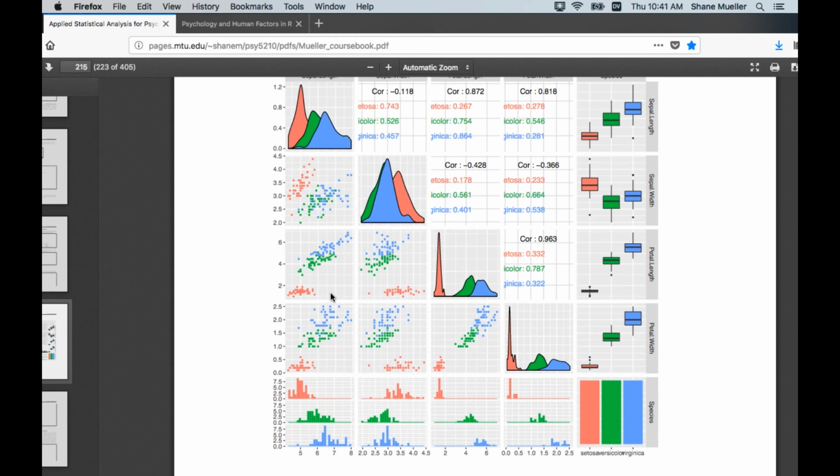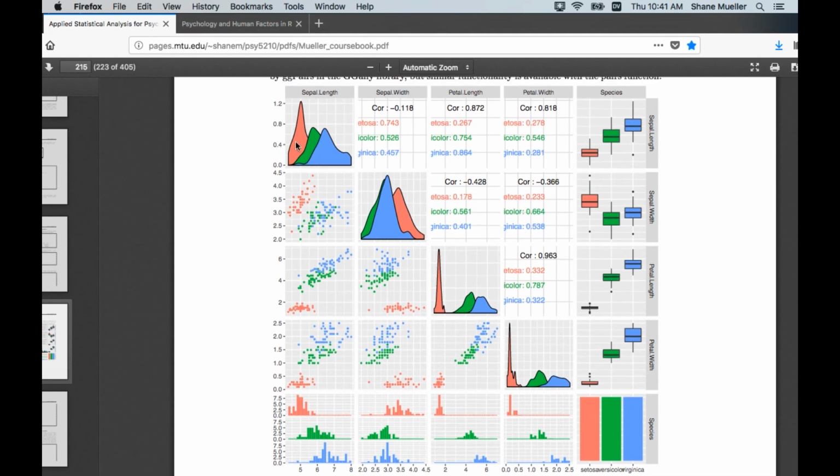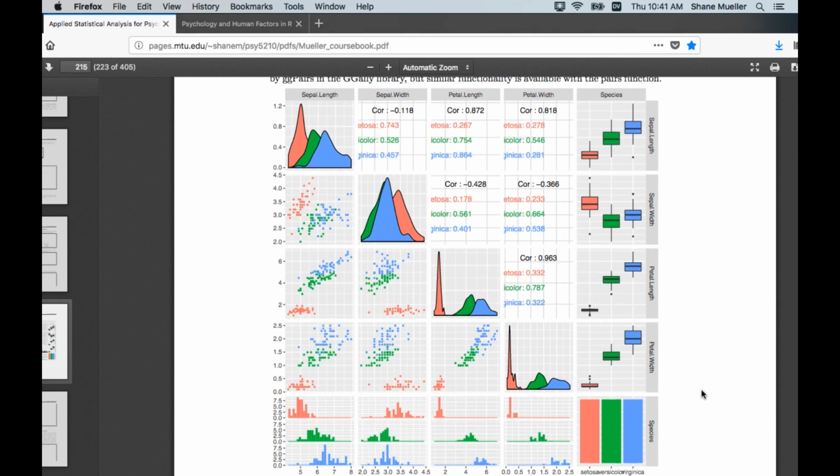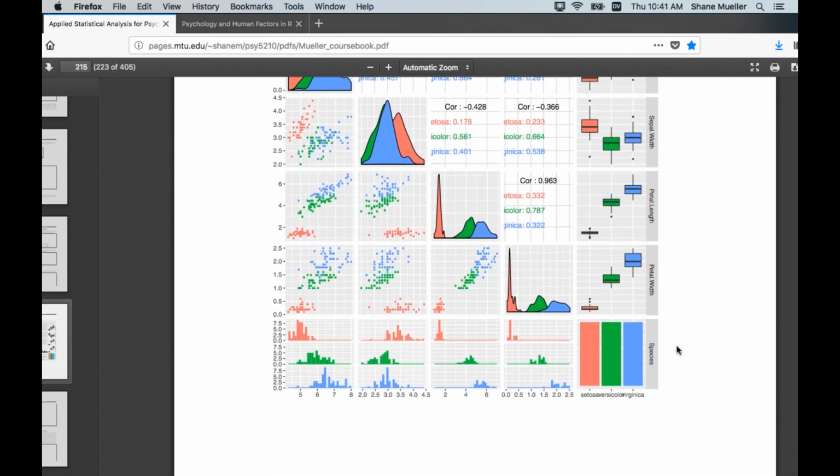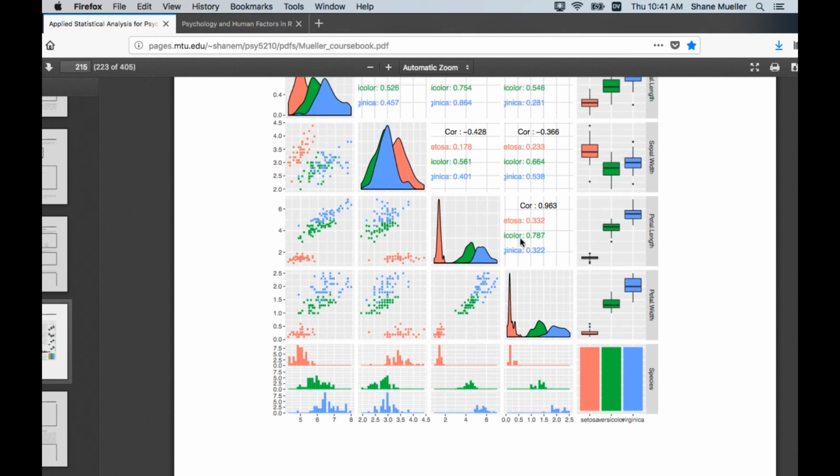So this will give you all the scatter plots plus histograms plus correlations with subgroups, bar plots, and things like this. It can be really informative, and it almost never formats right because things get cut off, so you have to play with it a lot to get things right. It'll tell you the correlations of all of these. It does not tell you the significance of the correlations, though.